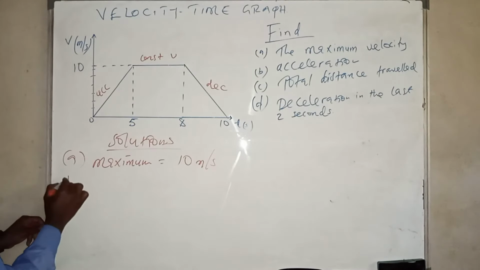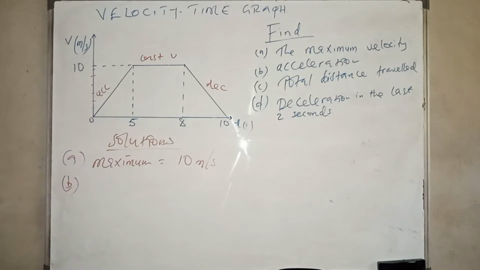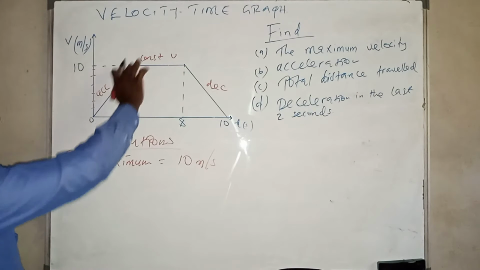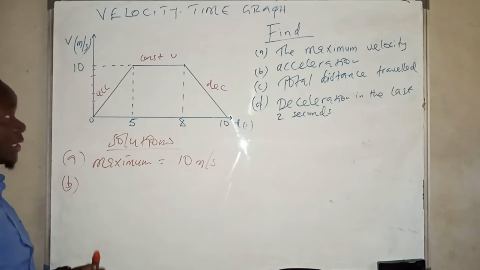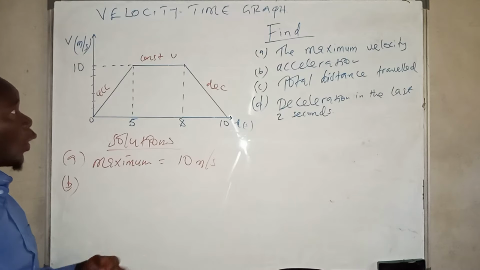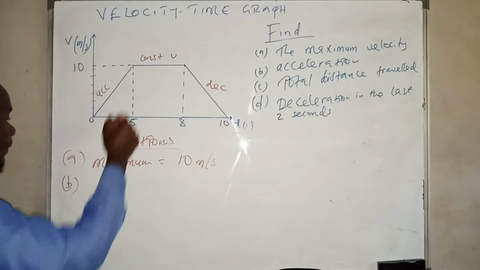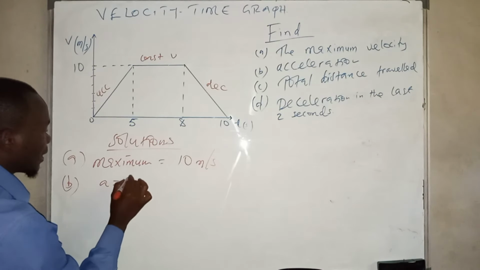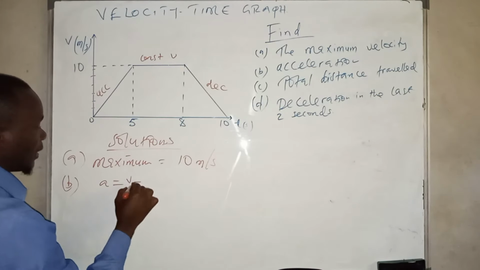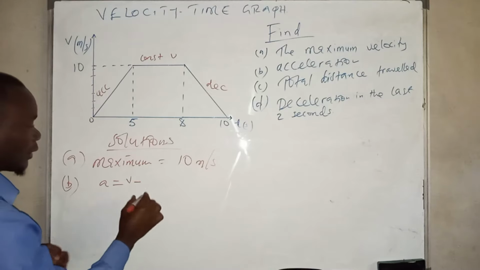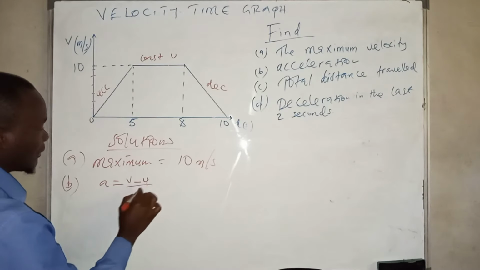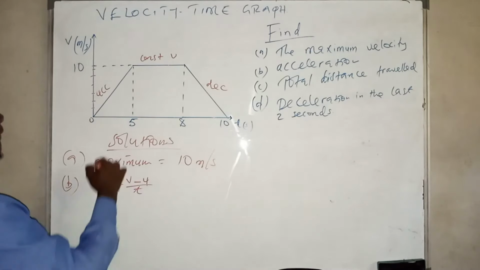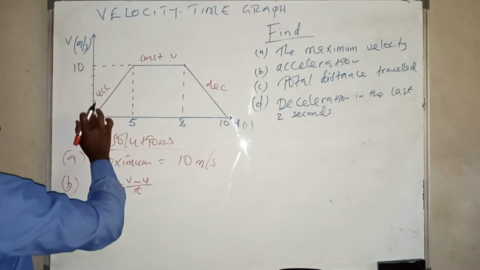Then the second one, we are told to find acceleration. Now we know that the gradient on a velocity time graph or a speed time graph represents acceleration. And acceleration, by definition, is the change in velocity, so final minus initial velocity over time. The final velocity that we have here is this one.